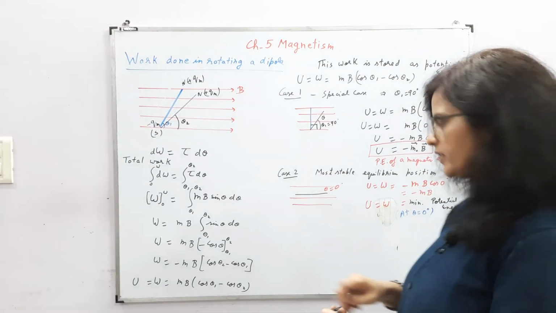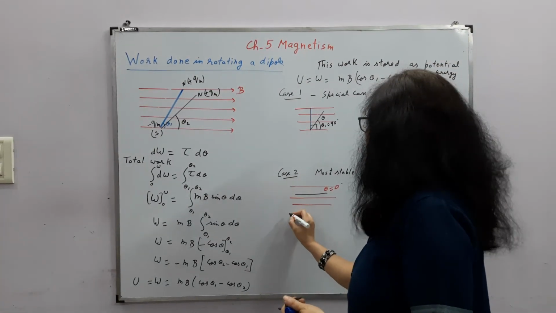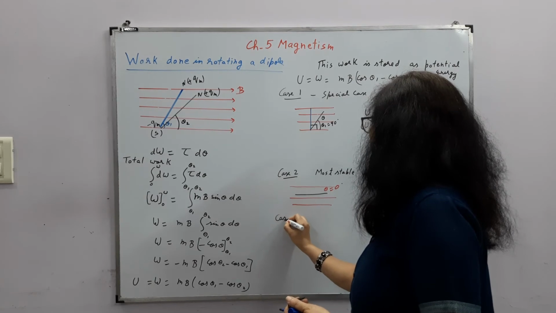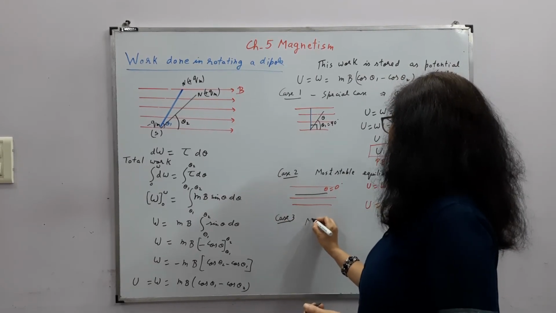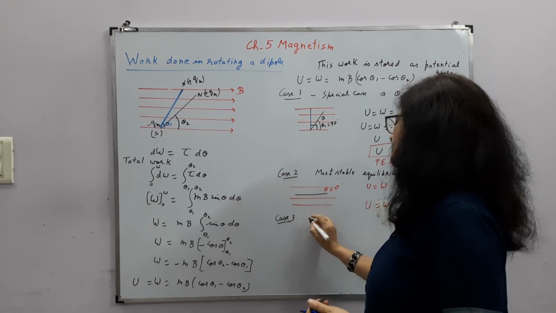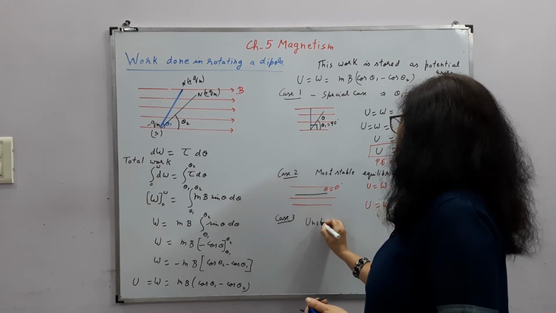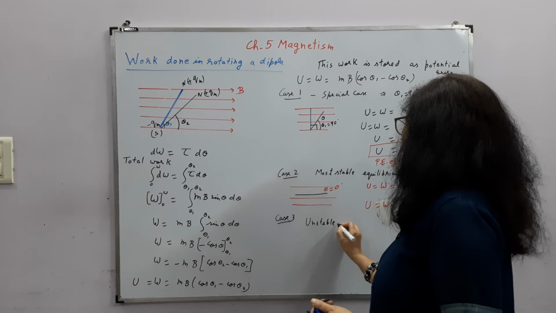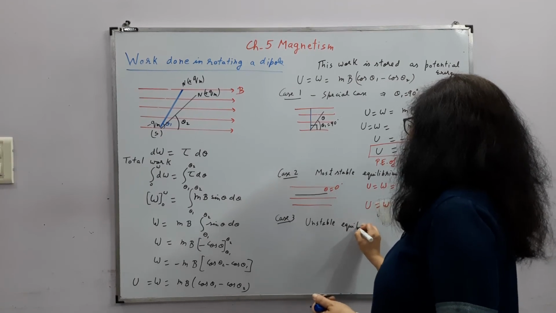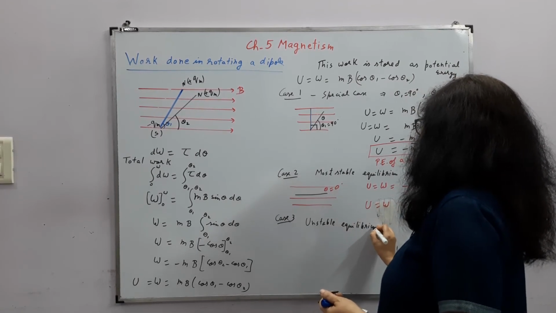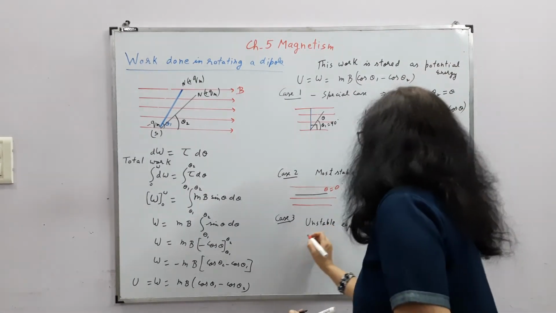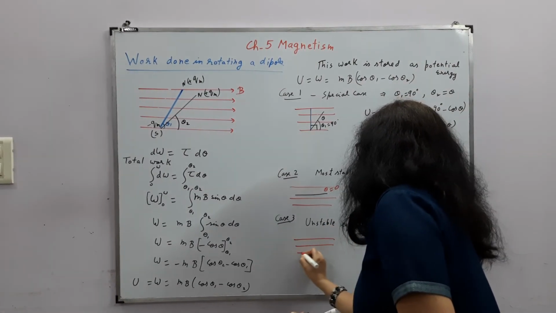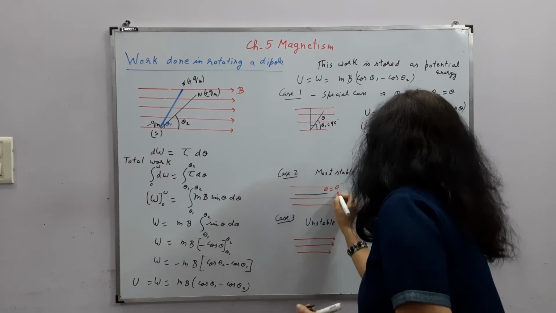Similarly, we can take the last case, case 3, the most unstable equilibrium. For unstable equilibrium, this is your magnetic field direction.